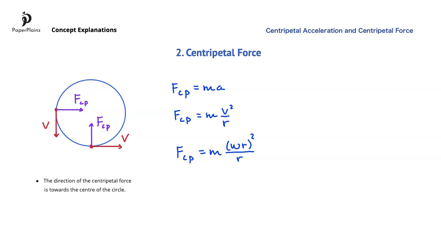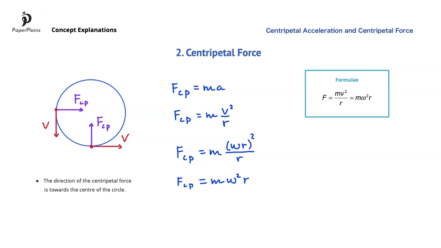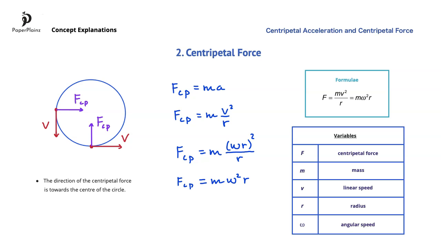Expanding and simplifying by r gives us that FCP is equal to m times omega squared multiplied by r. This is the other formula for calculating the centripetal force. Both formulae can be found in the IB Physics data booklet, and they look like this. Here are the variables in these formulae.